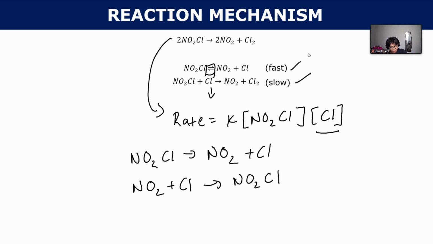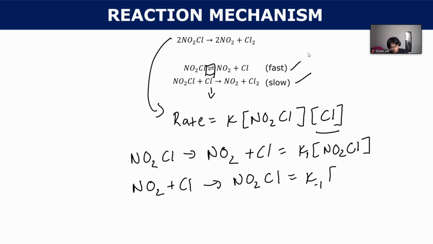So the rate of this forward reaction is going to be k times NO2Cl. And the rate of this one right here is going to be equal to k, actually I should include subscripts to represent that these k's are different.